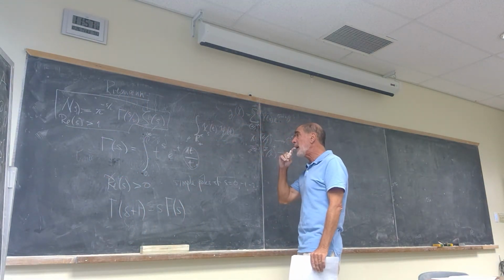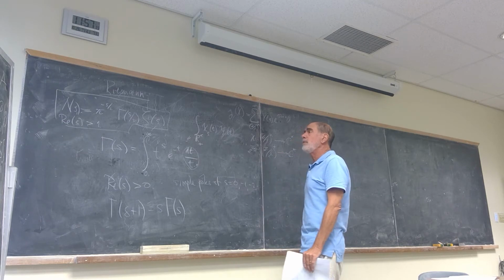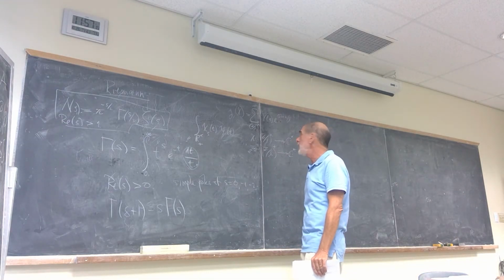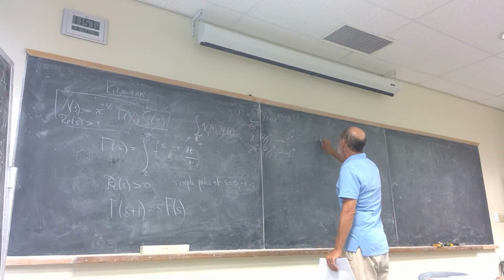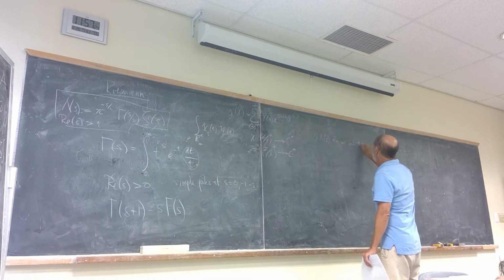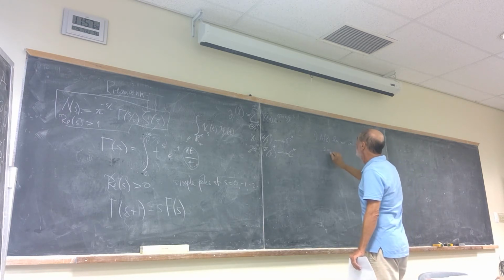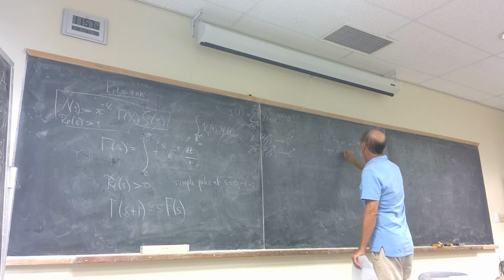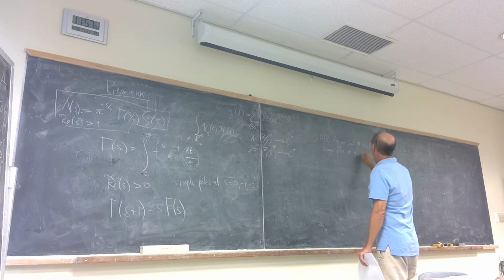And he proved that it has a meromorphic continuation to the entire plane. So lambda of s has a meromorphic continuation to s in the complex numbers. It has simple poles at s equals 0 and s equals 1.